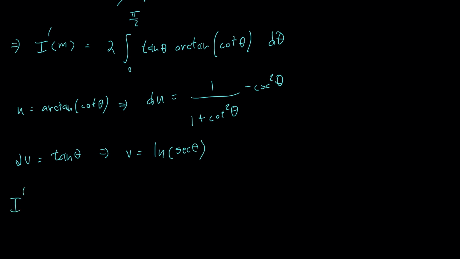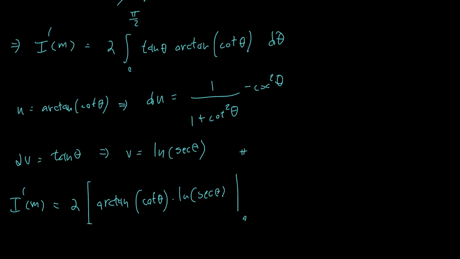So we have that I prime of m is twice u times v, the arctangent of the cotangent of theta times the natural log of the secant of theta from the bounds 0 to pi over 2, then minus the integral from 0 to pi over 2 of v du.